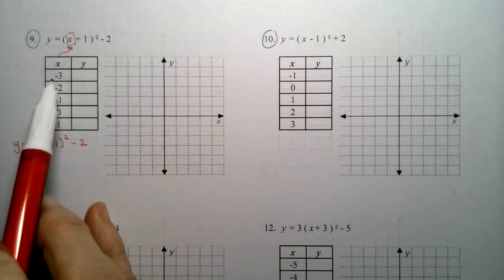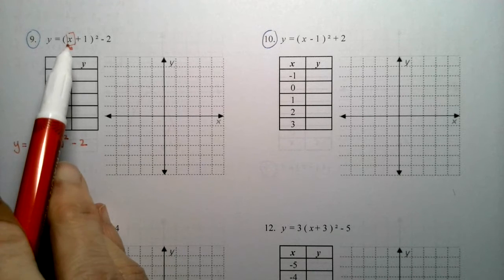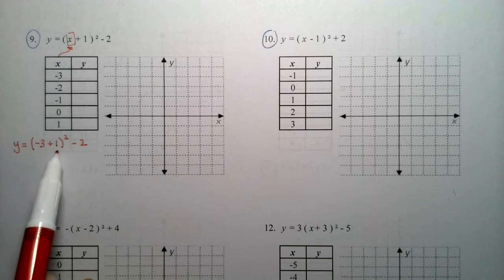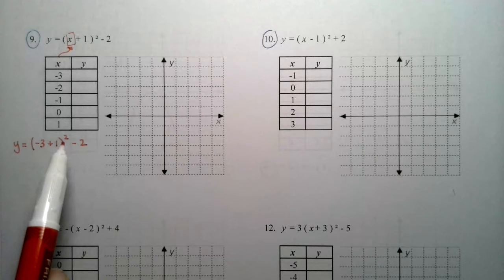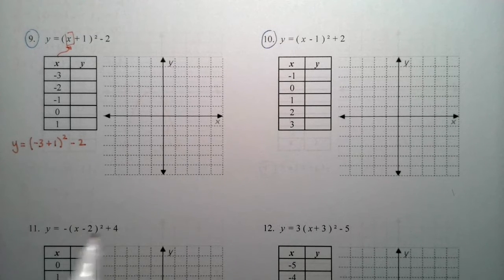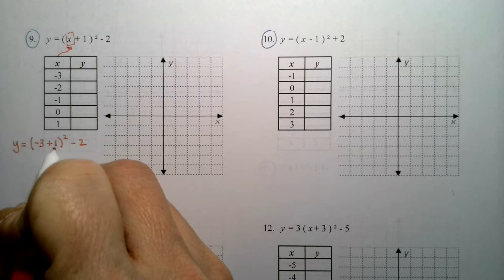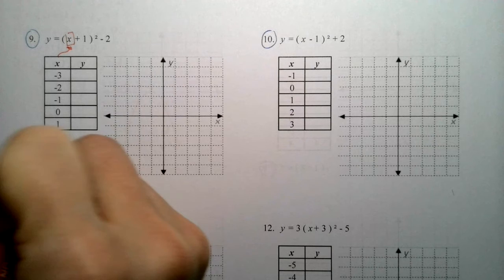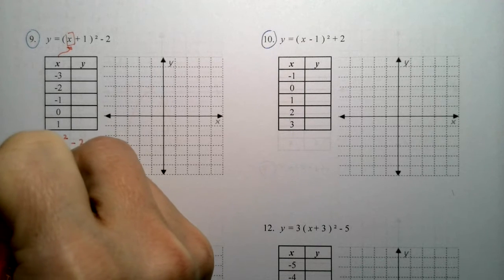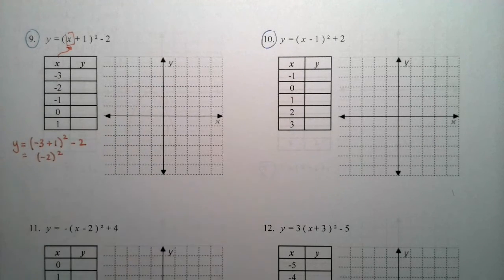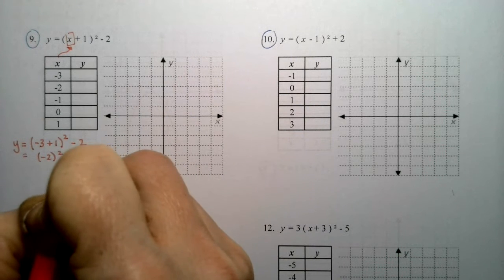Here you see my x is -3, so we have -3 plus 1, quantity squared, minus 2. Order of operations tells us we start inside the parentheses. Negative 3 plus 1 is negative 2. Which we need to square.